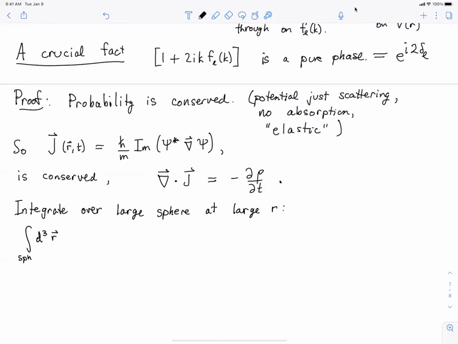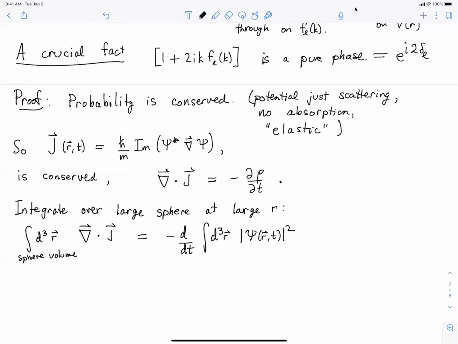We're integrating over our sphere volume of the divergence of our current. That is, according to what we wrote above, minus the time derivative of our integral of the probability density, which is otherwise known as psi squared.